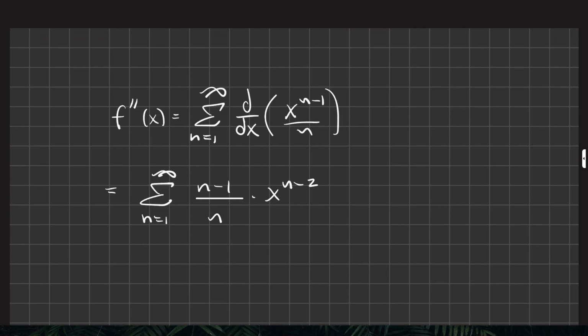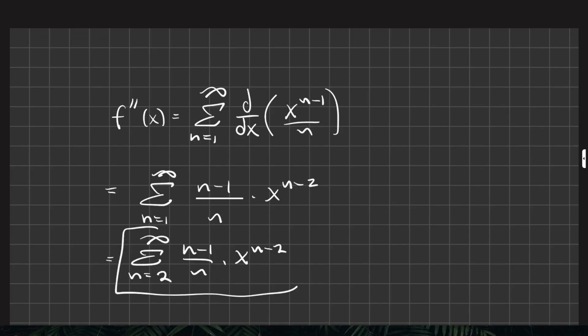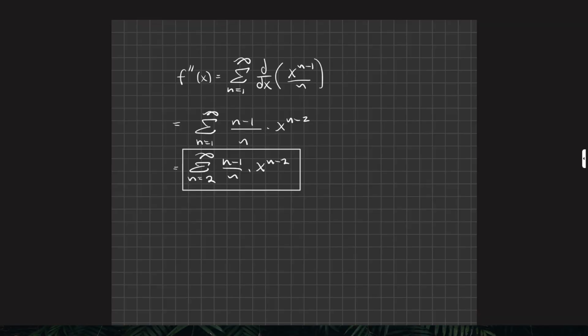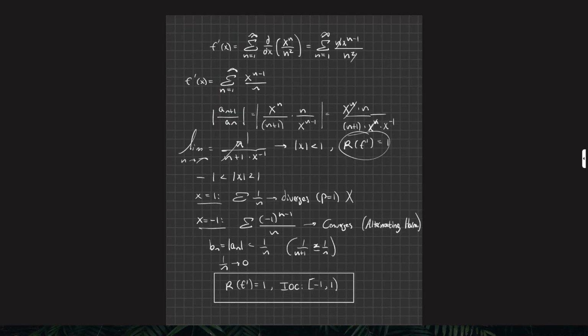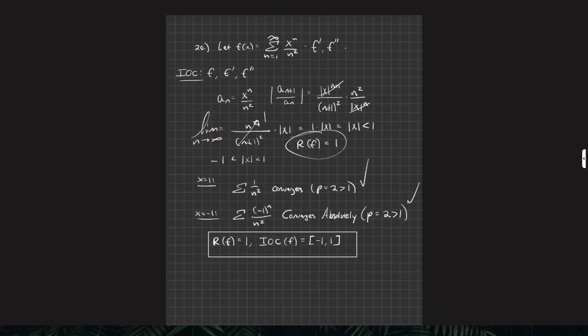So we can actually start at n equals 2, and we don't need to change anything about the inside of our series. This is just a simple observation. So we just say n equals 2 to infinity, and it's the same series times x to the n minus 2. And I guess we should be circling these. These are answers too. The question wants the power series representation as well as the interval and radius. So let's make sure we go back and circle our power series, which is fine.